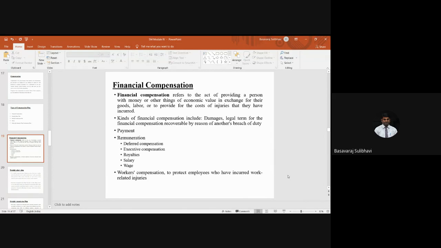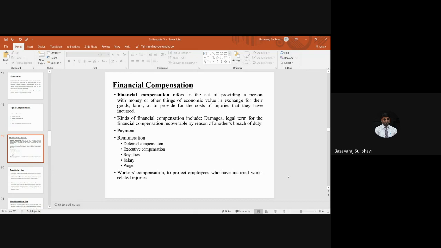So due to that, they will also get more benefits for giving a lot of time to the organization in developing it. So in return, those people will get executive compensation or royalties. It may be for certain things done by such people, and some amount of royalty from the profit will be given to them.